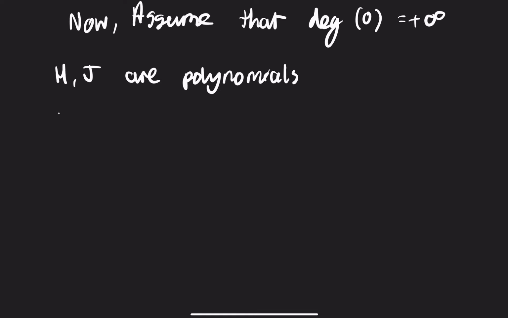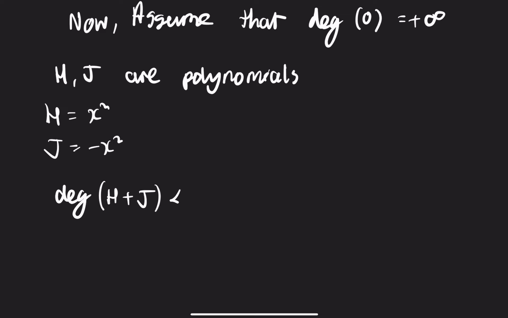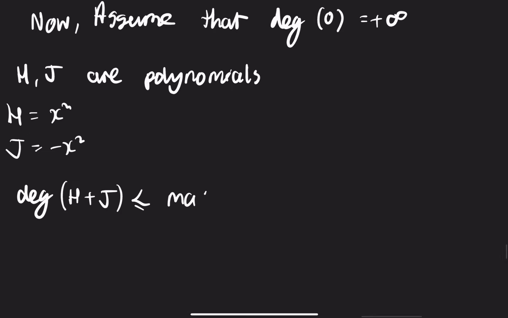Okay, let's say h is x squared and j is negative x squared. So by our identity for addition, we're going to get that the degree of h plus j is less than or equal to the maximum degree, or essentially the largest of the degrees of h and j.